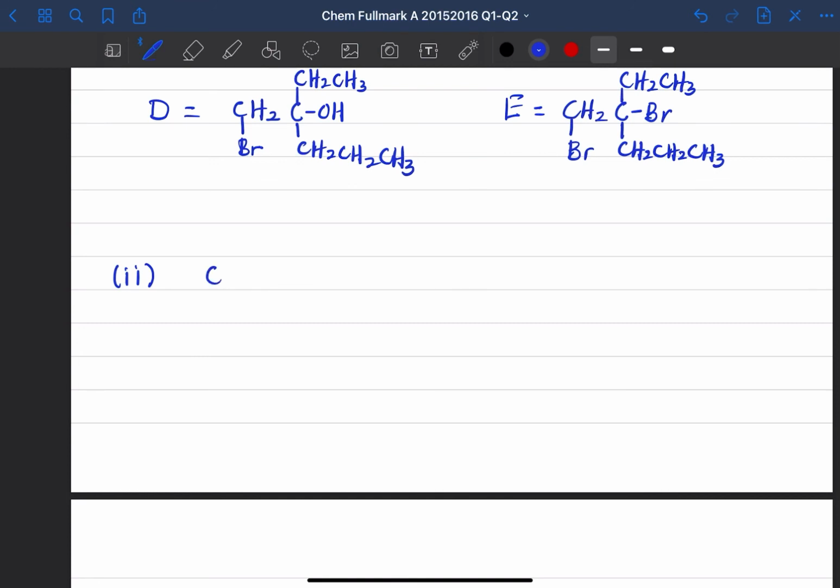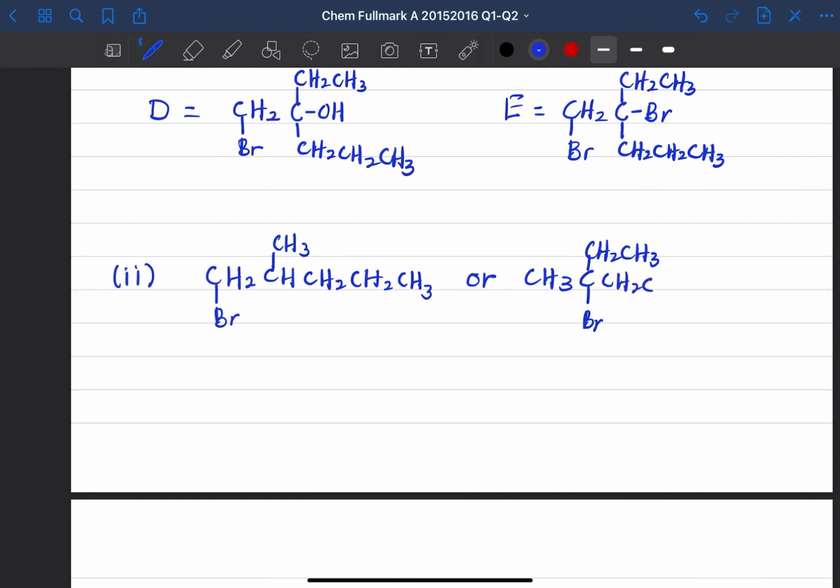So the first alkyl halide that can turn to A is CH2Br, and then CH, CH3, CH2, CH2, CH3, or CH3, CBr, CH2, CH3, CH2, CH2, CH3. So you choose one only.